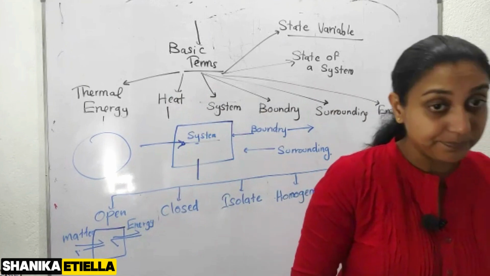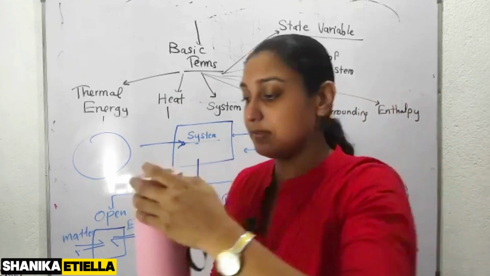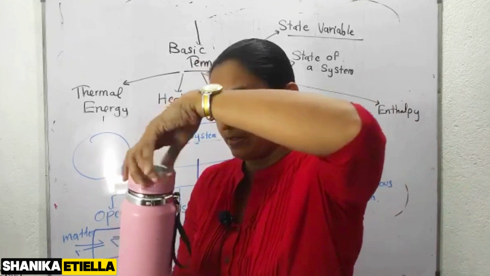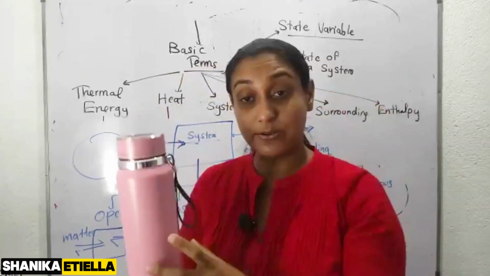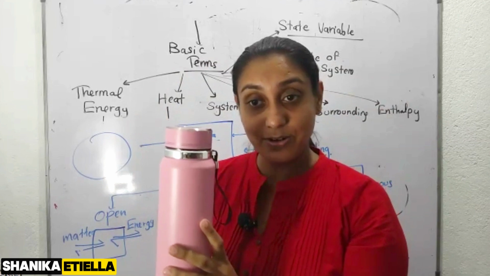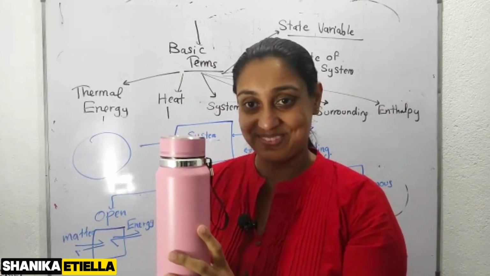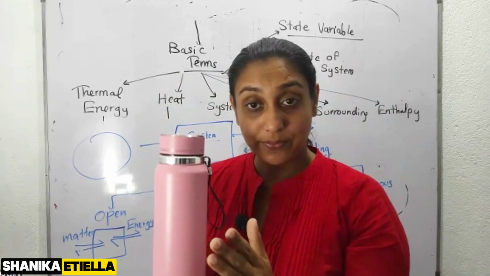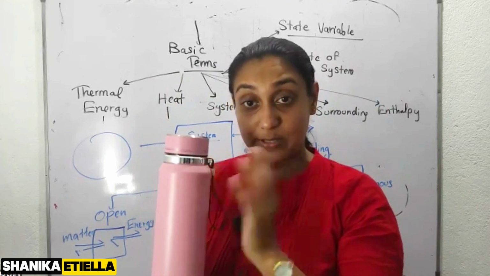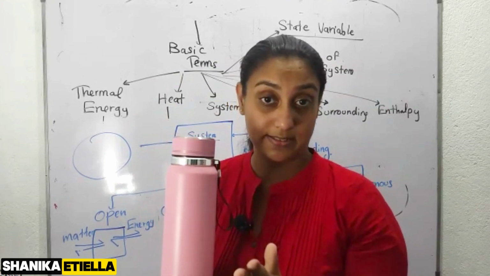Okay, if I come to the next system, I close this lid. If I close this lid, this is called a closed system, which means it can only exchange heat with the surrounding, but not matter, only energy.